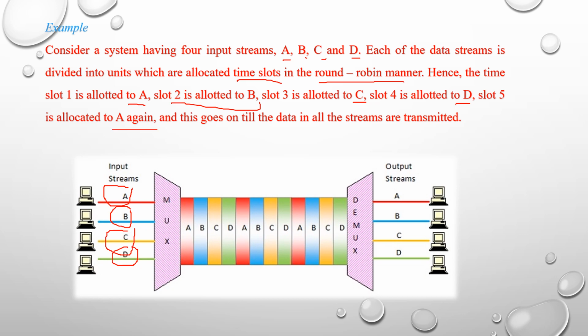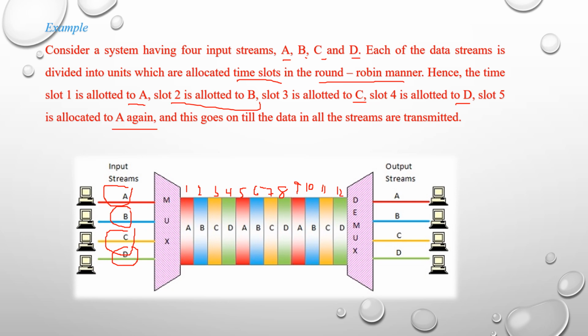The time slots are: this is the first slot, 1, 2, 3, this is the third slot, this is the fourth one, this is the fifth, this is the sixth, 7, 8, 9, 10, 11, 12. So we have 12 slots.